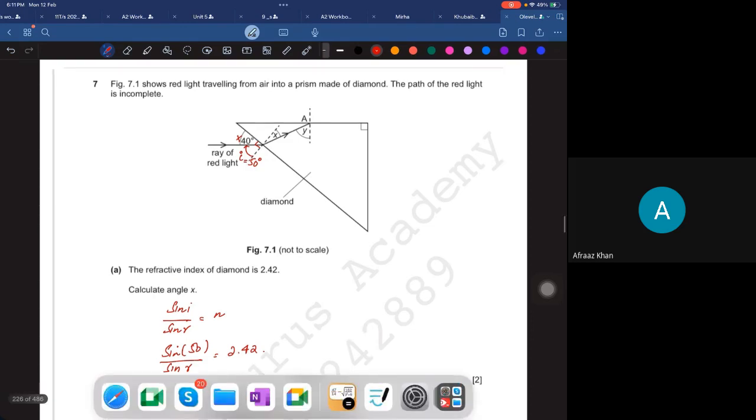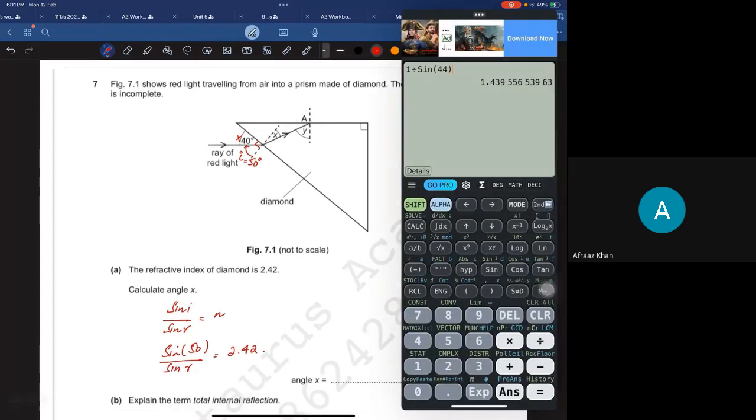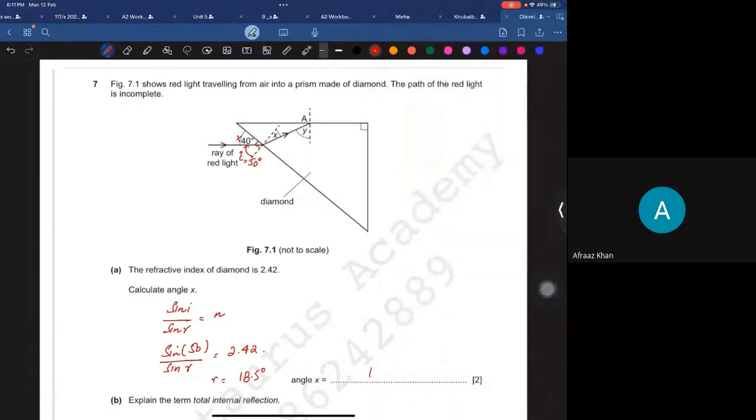When you have this, you simply divide sine 50 by 2.42 and then shift sine once, and that's going to be 18. Why did you guys get 15?